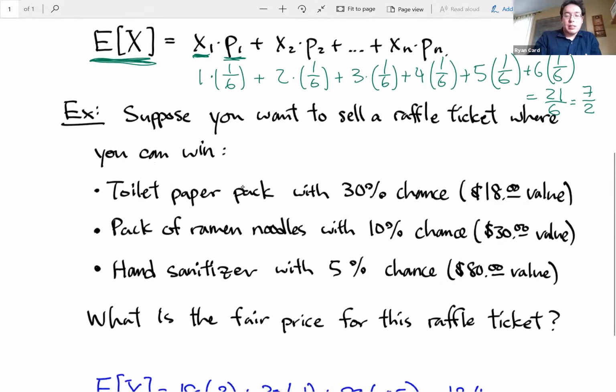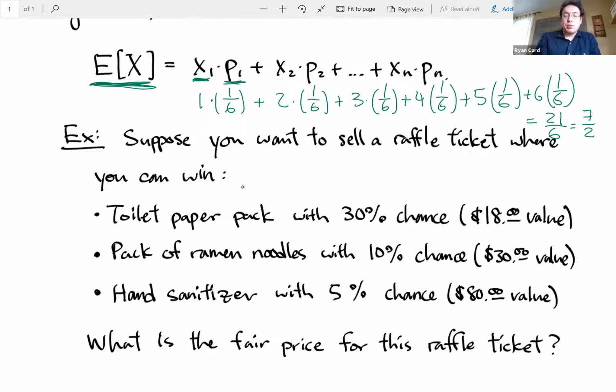Let's use this as a practice. How would you use something like this? Let's say you want to sell a raffle ticket and you want to come up with a fair price for this raffle ticket. So let's say you could win a toilet paper pack with 30% chance, and I say $18 value just because I went to eBay to look up how much toilet paper packs are going for.